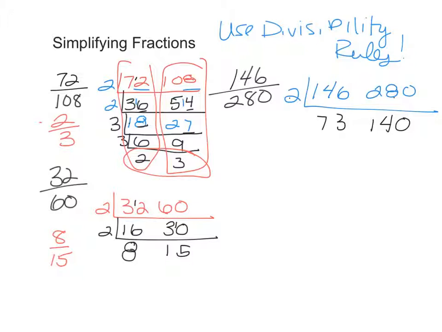These are not even numbers anymore, so let's check our numbers. 3 isn't going to work, 4 isn't going to work, 5, 6, 7, 8 aren't going to work. So this is what it's going to be, 73 over 140.